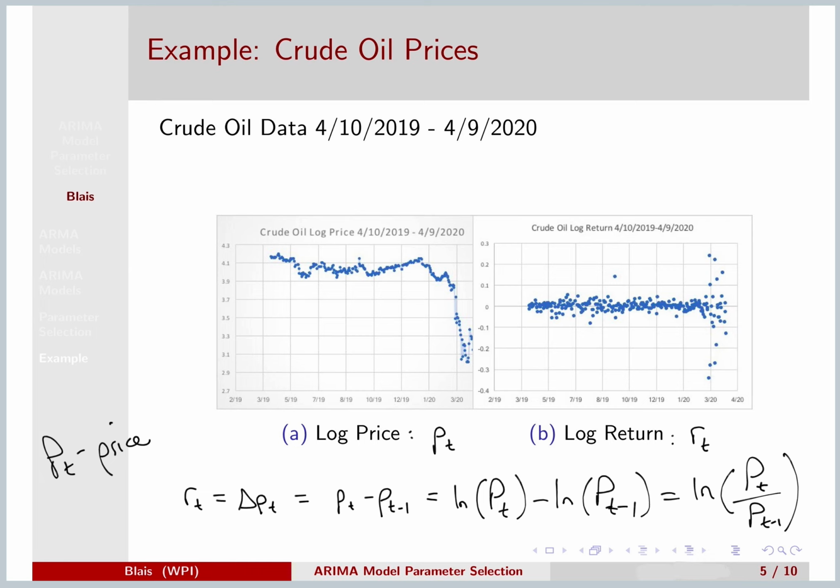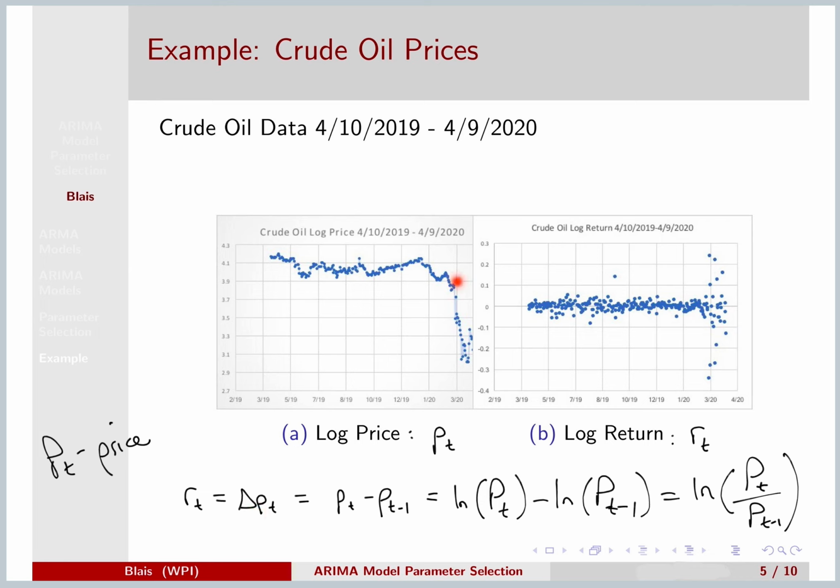And we see we have a confirmation here that this on the right is the definition of r_t. So we're confirming that the log return is actually the first difference of the log price. And so we see that reflected here.